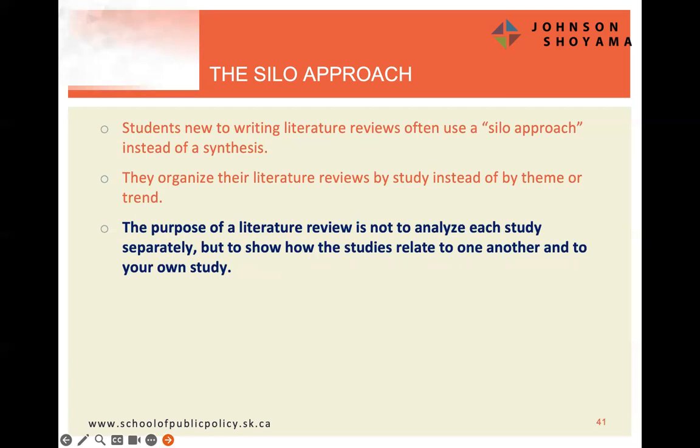Remember that when you report a text in the literature review, we are not analyzing each study separately. Instead, the goal of the literature review is to actually show how the studies are related to one another, and also how these studies are useful.